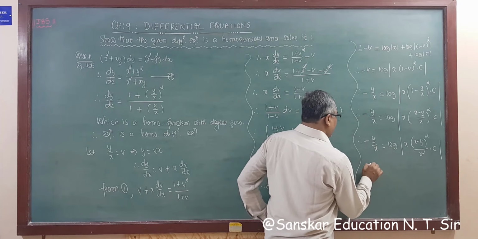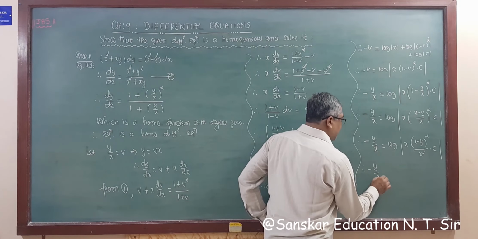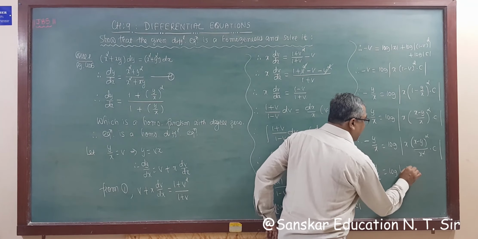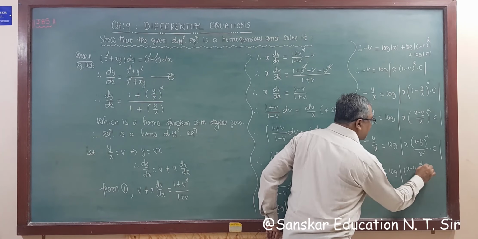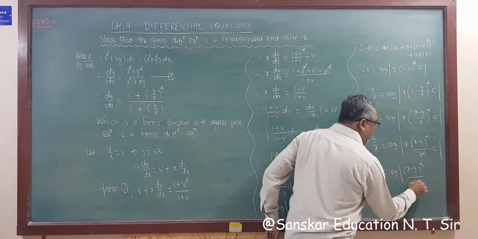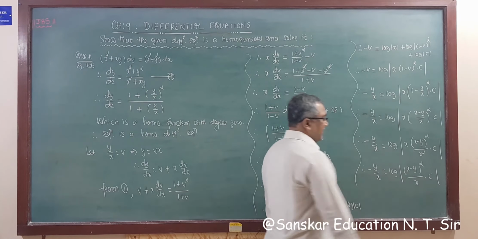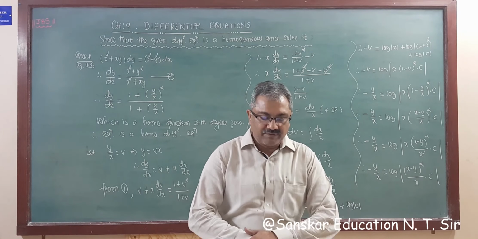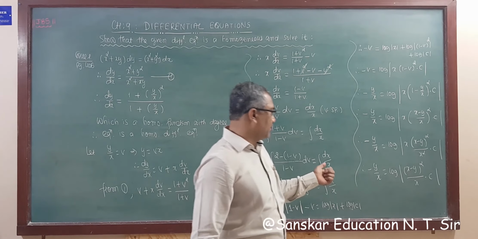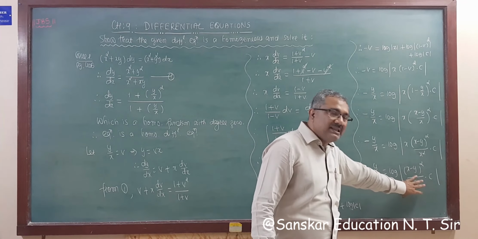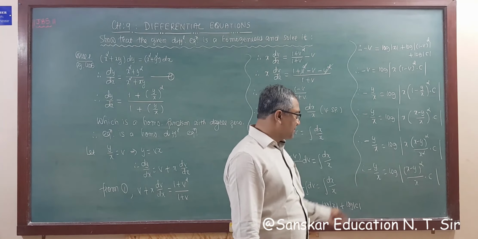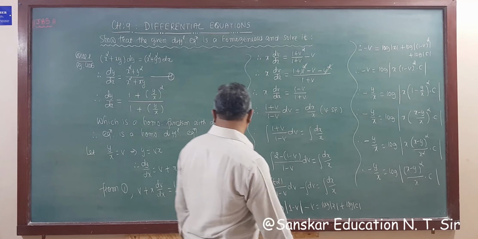So we get minus y by x is equal to log mod x minus y whole square upon x into c, right? So this is your general solution, which you want to find out. Either if you want to change this log into exponential function, you may write that also.